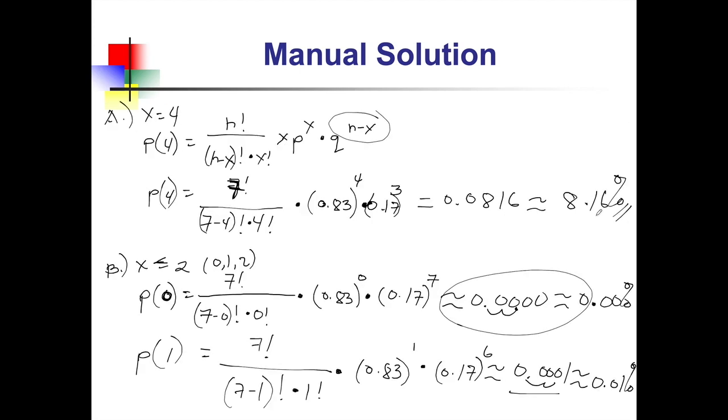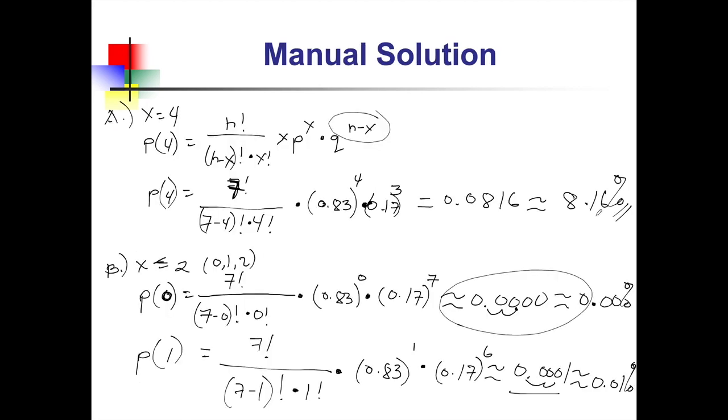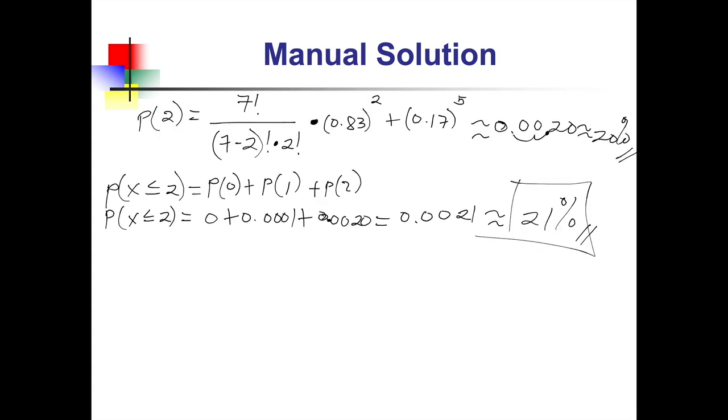Next, we have here the third condition. At least 5 people will agree with that statement daw. So, let's check kung paano ba ito. Sa statement 3, at least daw 5 ang mag-a-agree. Ibig sabihin nun, P of x at least 5.